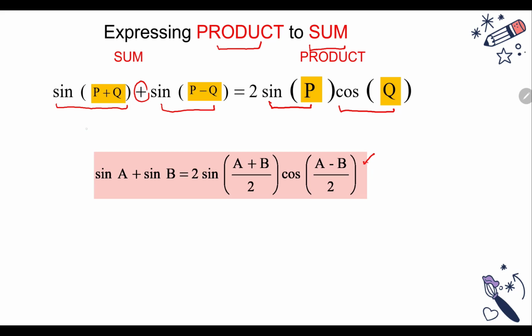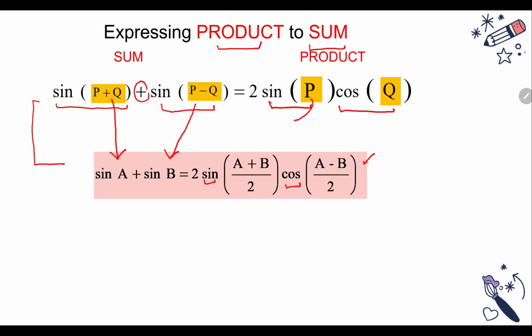Now if you look at these two formulas, they're actually very similar. The only difference is P plus Q is A and P minus Q is B, but both are sine plus sine. On the right hand side, both are sine multiply cos.